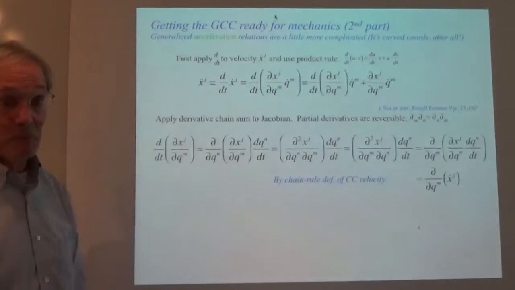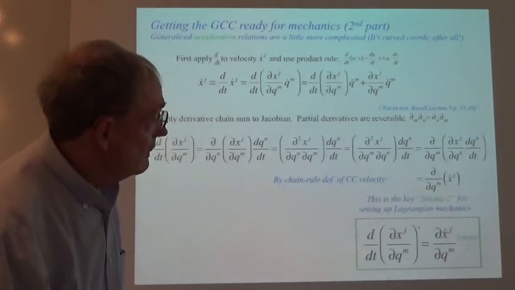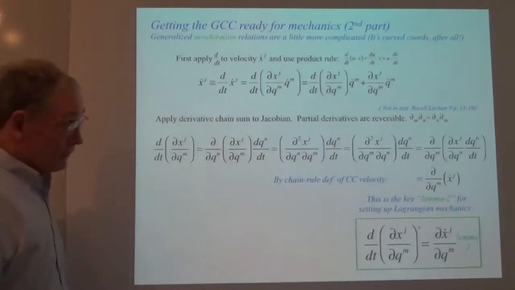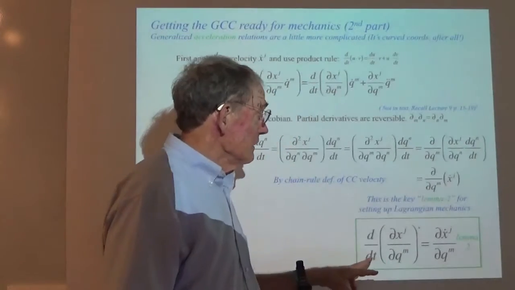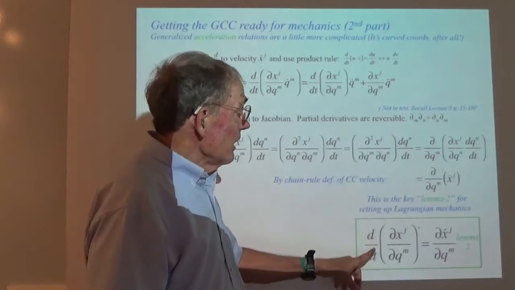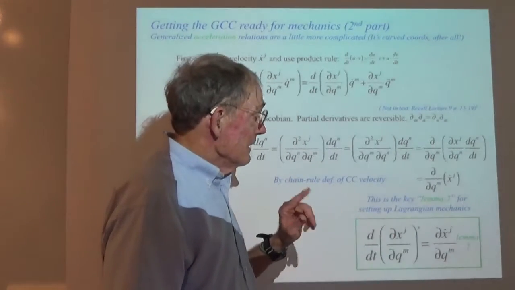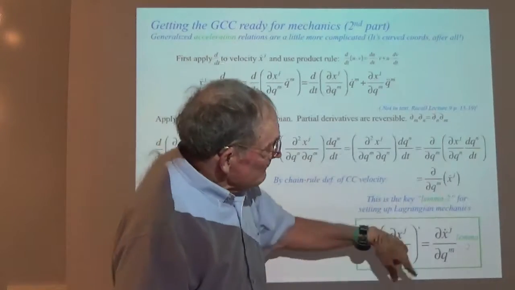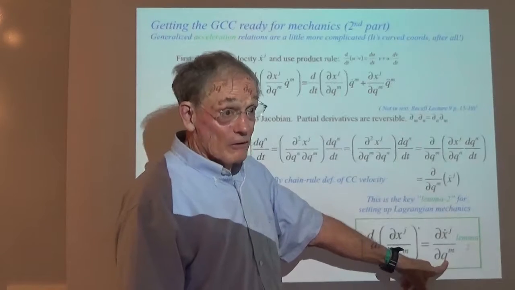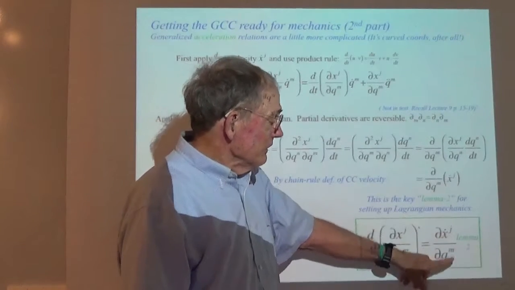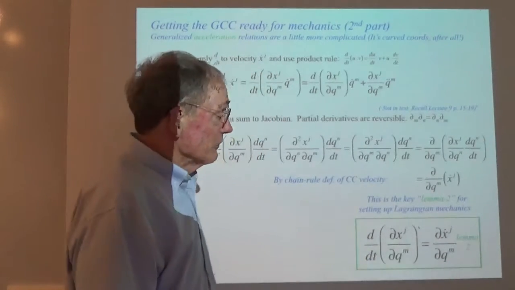That's lemma 2. Okay, so here are the two. First of all, the one we just derived, which is lemma 2, for setting up Lagrangian stuff. And it's that the total time derivative of the Jacobian is just a partial derivative of velocity with respect to q itself, a coordinate. So it's a weird thing, velocity and a coordinate in a partial derivative.